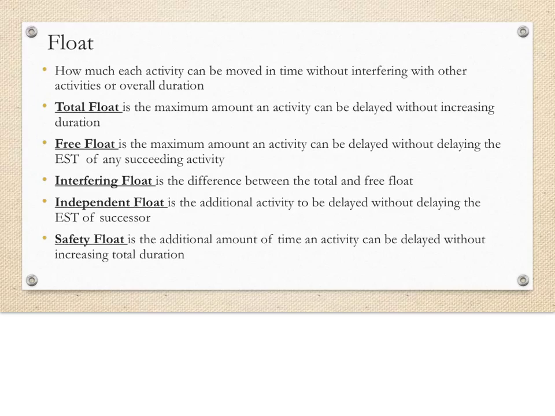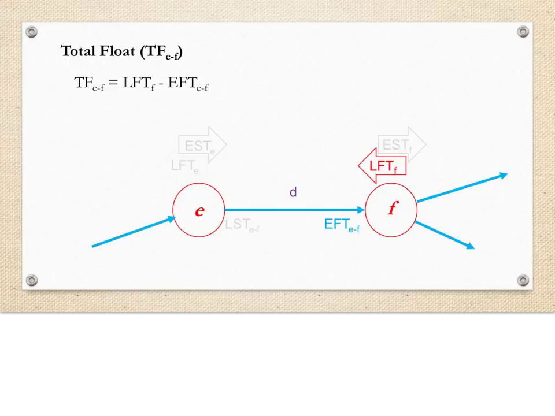So, next, let's look at the equations for each of these more in depth. For total float, there are 2 equations we can use. The first is we can take the difference between the latest finish time of the event representing the end of the task and the earliest finish time of the task itself.